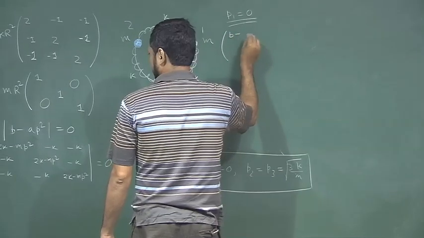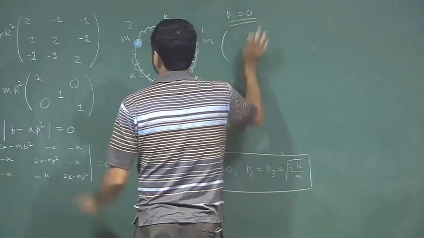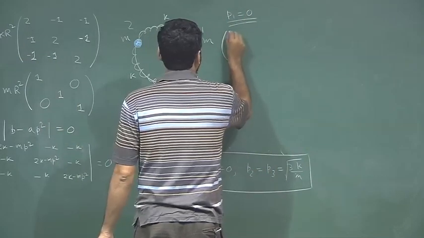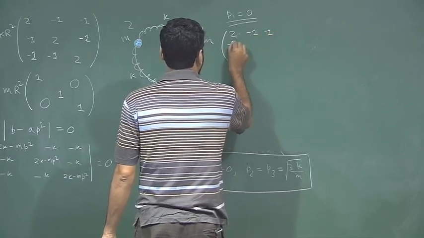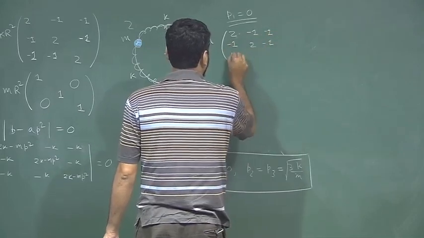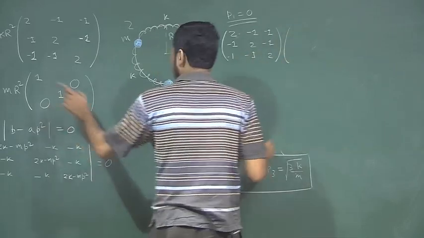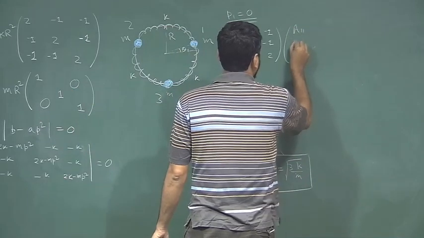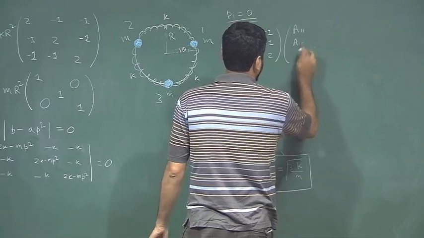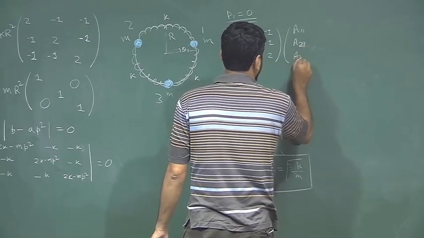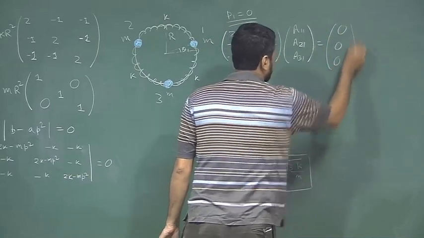So, if we do that, b minus a p square, so p is equal to 0, so it will be simply b. Okay. So, this b matrix will be 2 minus 1 minus 1, minus 1 2 minus 1, minus 1 minus 1 2, and we have a 1 1, a 2 1, a 3 1 equal to 0 0 0.